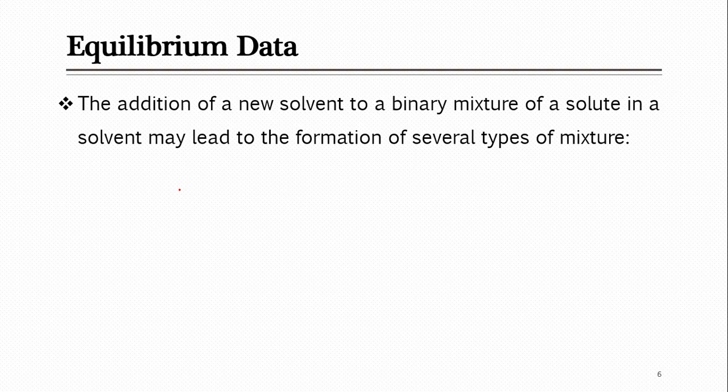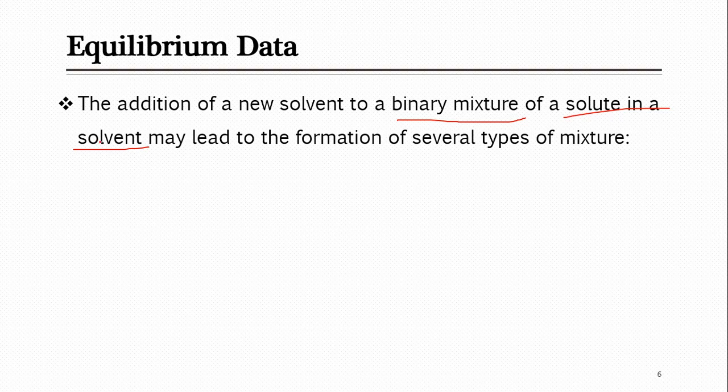Suppose we introduce a new solvent to a binary mixture of a solute in a solvent. This may lead to several types of mixture. It means when you bring a solvent in contact with a feed, and the feed is a binary mixture, that means the feed contains 2 components. One is the solute, which is carried by a carrier, or is part of a solvent.